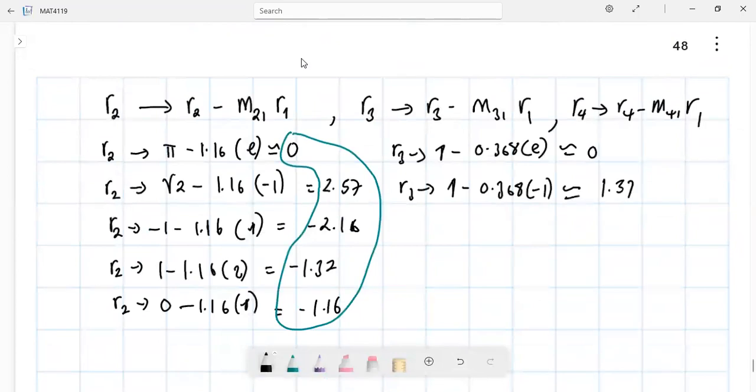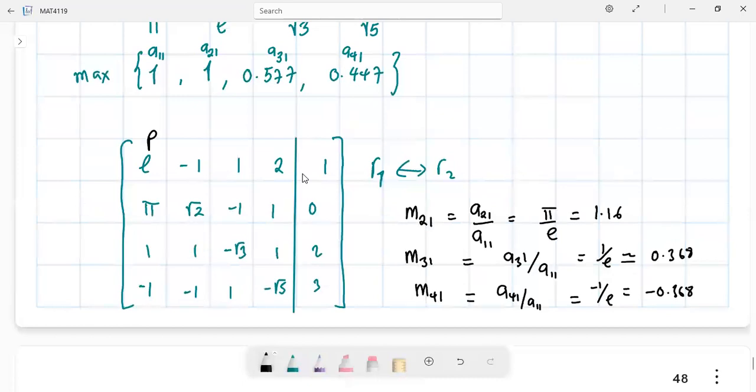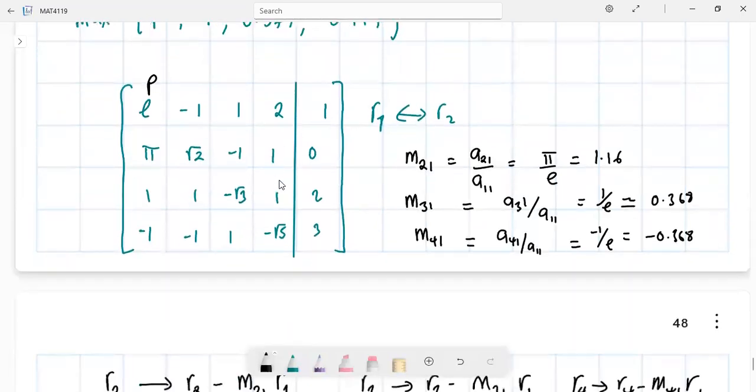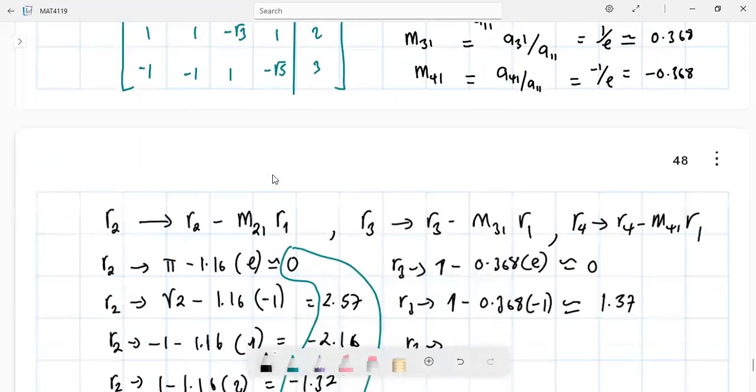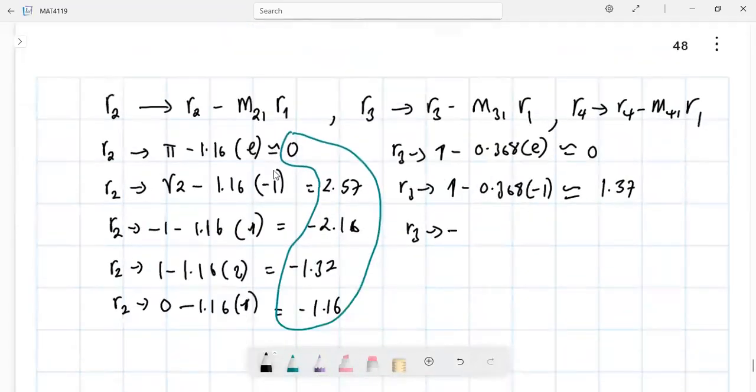Okay, 1.37, somewhere there. And then again, we reduce the next element, which is row 3. Row 3 becomes what? What does it become? The next element is negative root 3, isn't it?